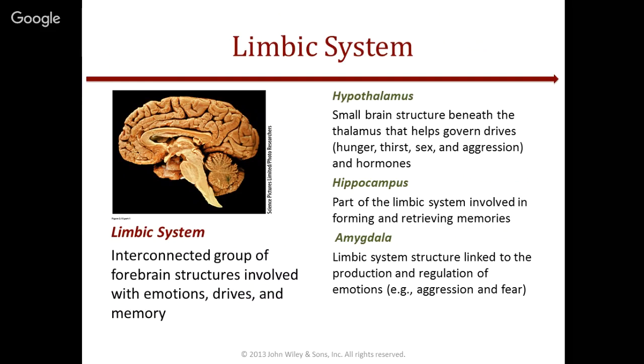This holds your emotions and regulates and produces those emotions, for example, aggression and fear. When you think of your amygdala, it's important to note that this is the part of your brain that actually grows the quickest when you're a child.